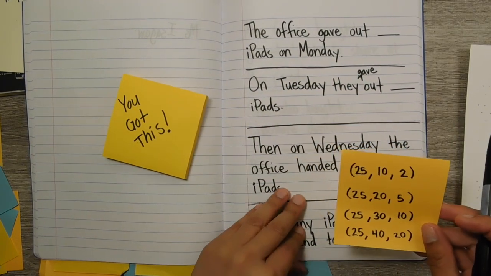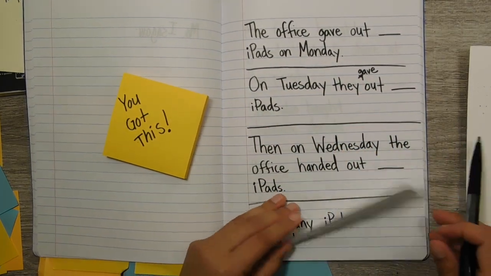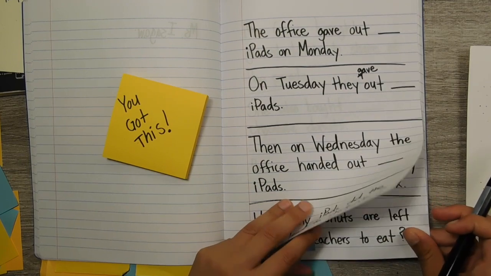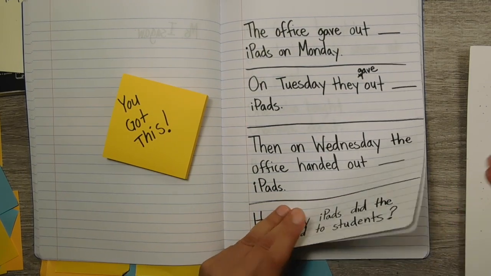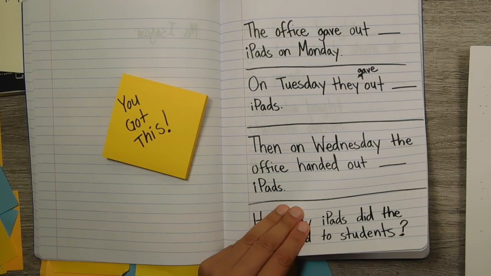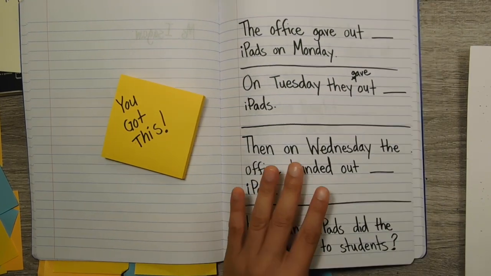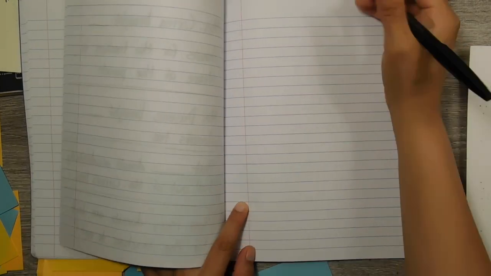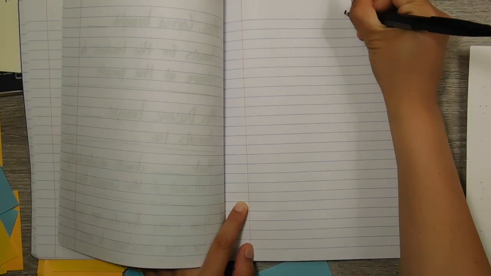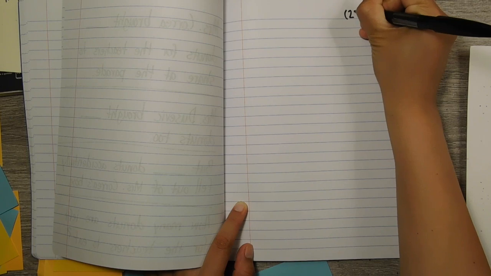Ready? 25, 10, and 2. And I'm just going to find a clean page in my math journal. Some of you are keeping some of this in your home, so that's a great way to organize yourself. So here's my next clean page. At the top of my notebook, I'm going to write my number set.